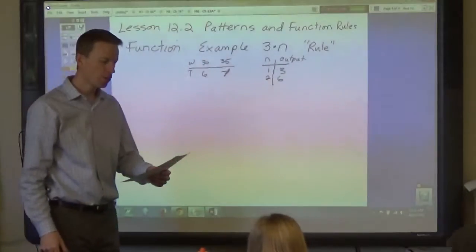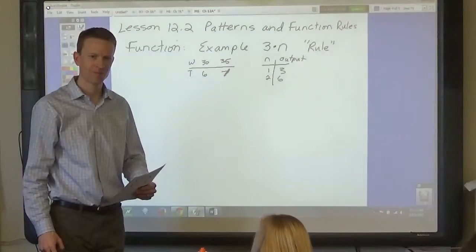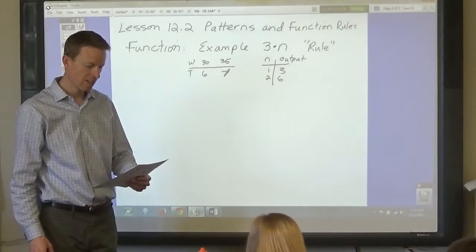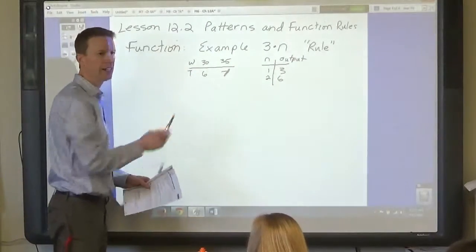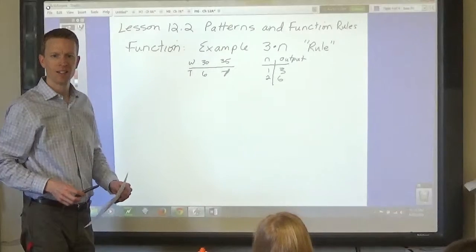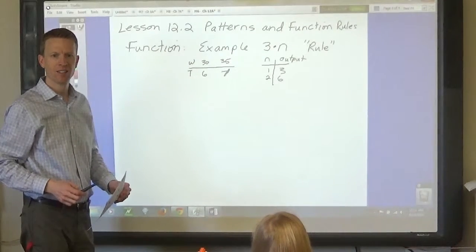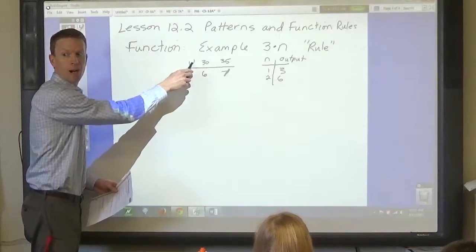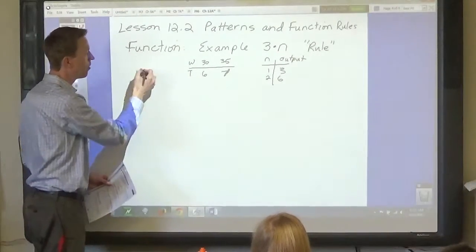How could we write a function rule using this? From W to T is W divided by 5.